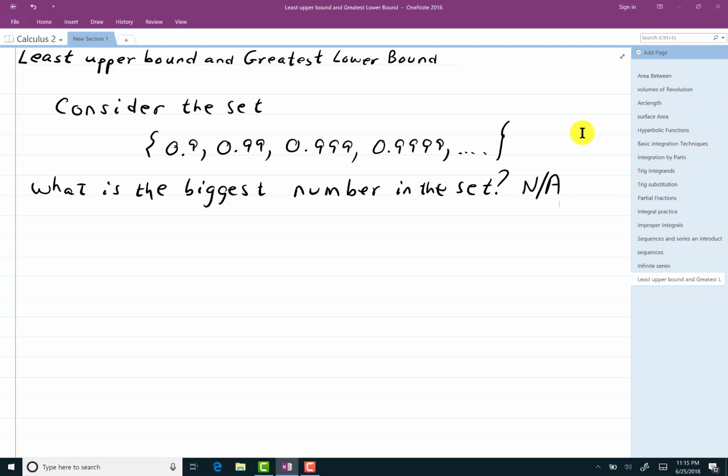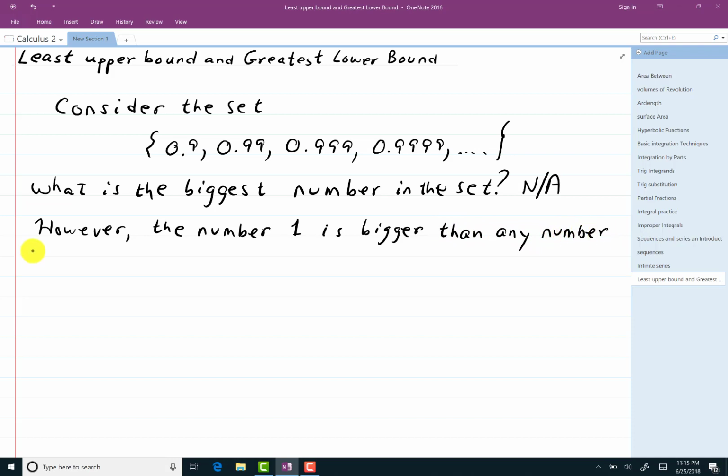However, the number 1 is bigger than any number in the set.